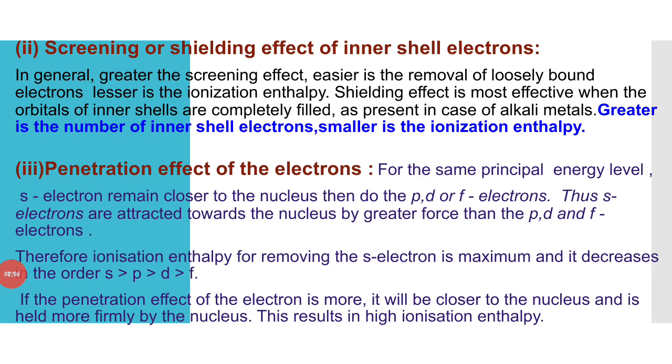Second, screening or shielding effect of inner shell electrons. In general, greater the screening effect, easier is the removal of loosely bound electrons, lesser is the ionization enthalpy. Shielding effect is most effective when the orbitals of inner shells are completely filled, as present in case of alkali metals.